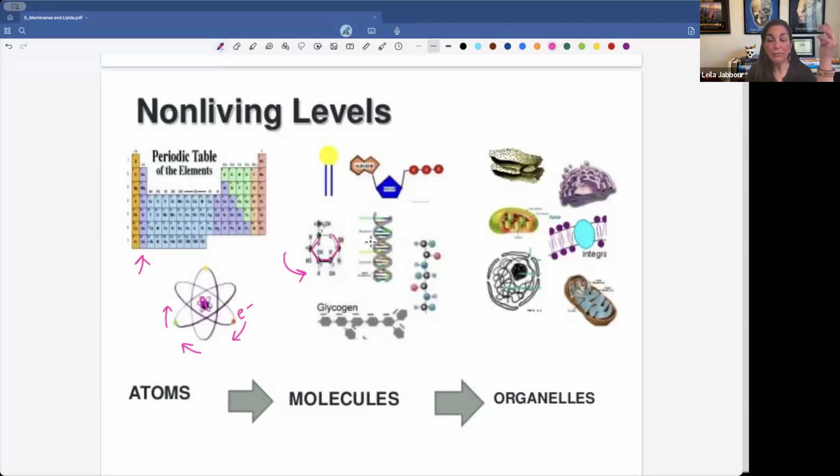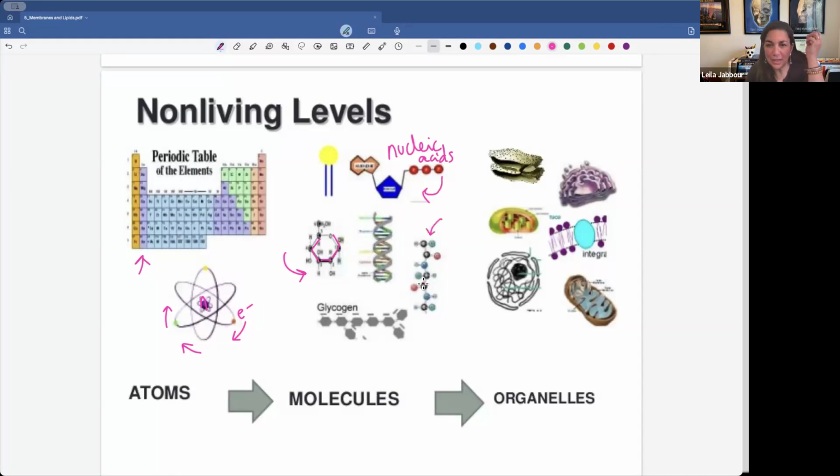So we have molecules that are formed from the addition of atoms together, and these molecules can be really big molecules. They form the four macromolecules that we've seen in previous lectures, like the nucleic acids. This is actually a nucleotide, the monomer of nucleic acids.